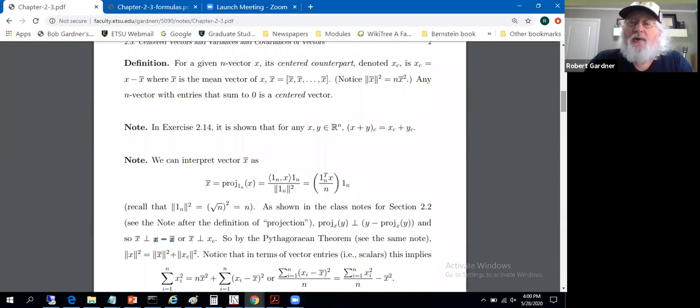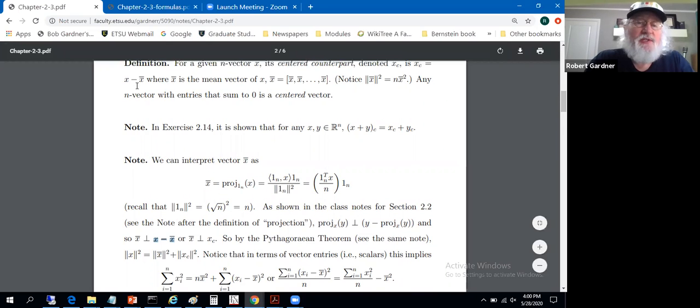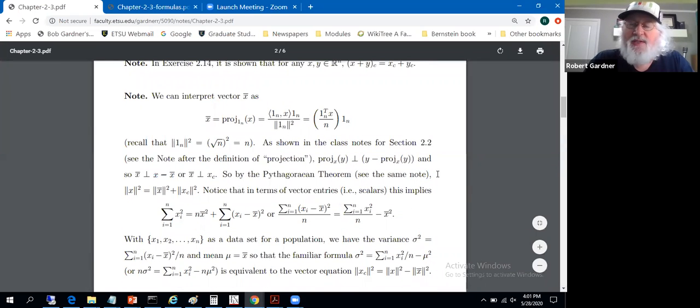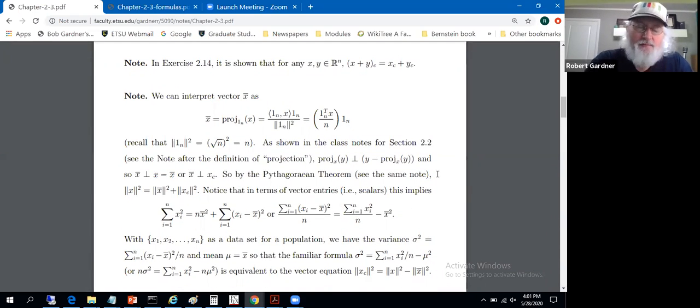Yeah, the centered counterpart x sub c was x minus x bar. So we're able to put a little bit of geometry in this statistics setting, which, in my experience, is a little bit unique. I mean, I can plot data points and get some geometric ideas. But here we're talking in terms of the Pythagorean theorem. You've got this orthogonality. Okay.